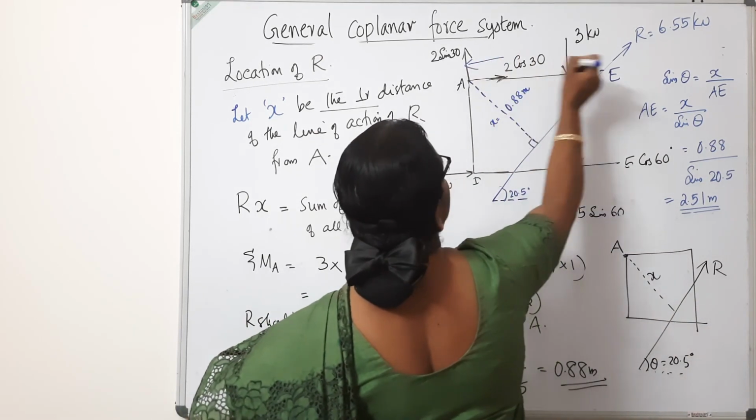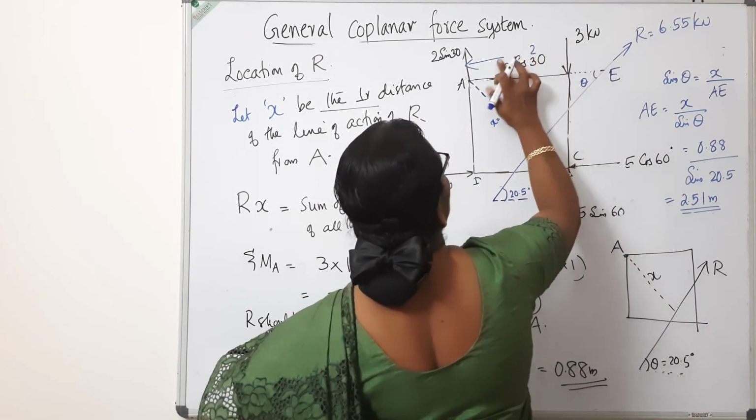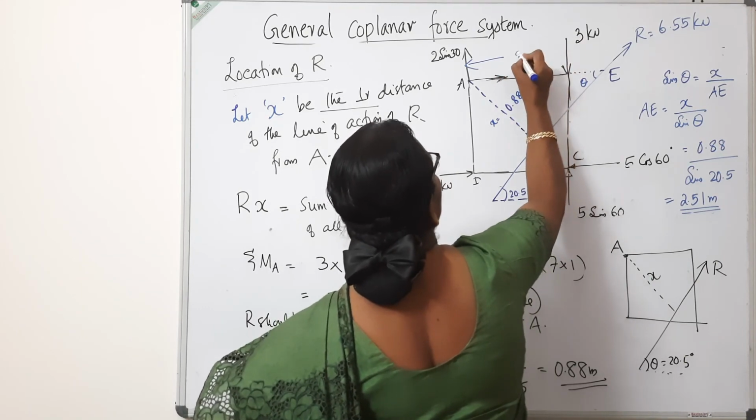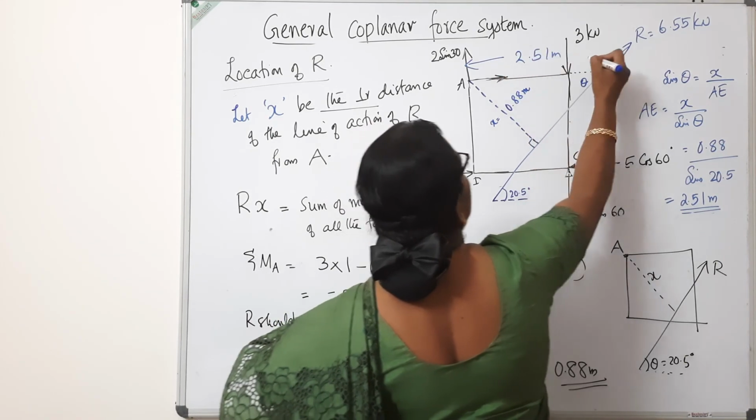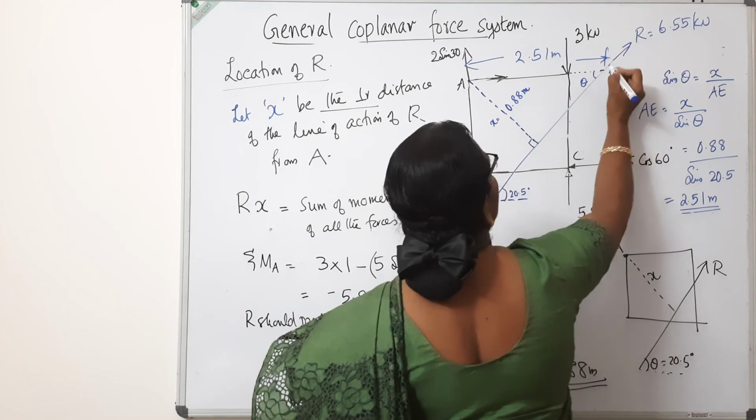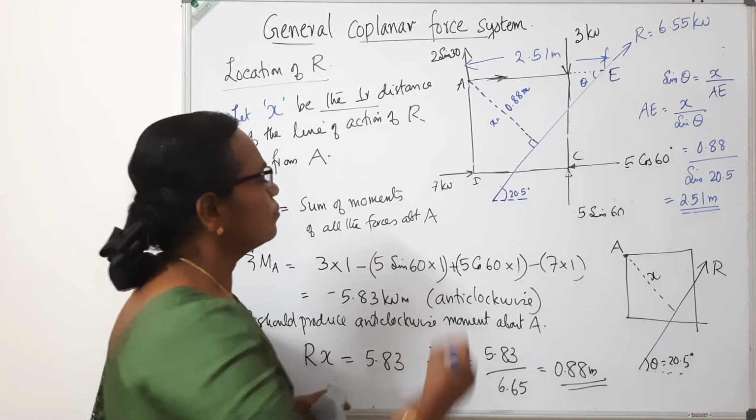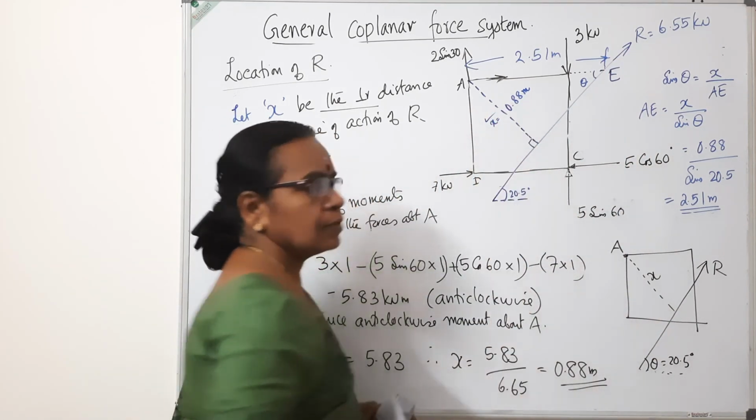So if I want, I can also write down this. The point of the resultant is 2.51 meter horizontally from A. Even up to this gauge is okay, we'll get full credit.